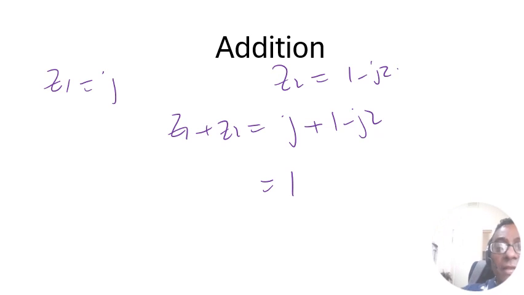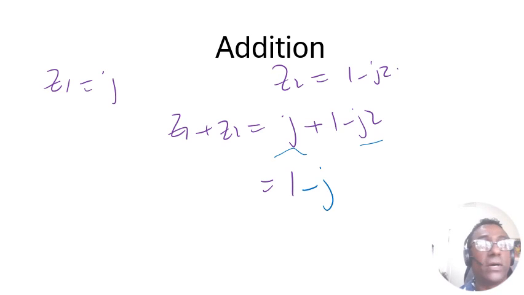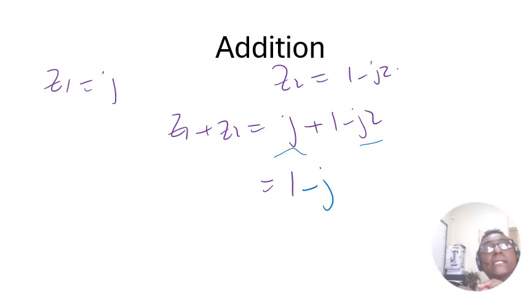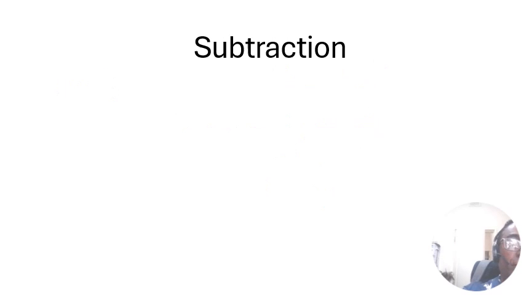And then you look at the imaginary parts, j minus j2 will just give me minus j. So z1 plus z2 would be 1 minus j. Straightforward, nothing difficult. But if I had to ask you what is the conjugate of z1 plus z2, that'll be 1 plus j. Okay, cool.